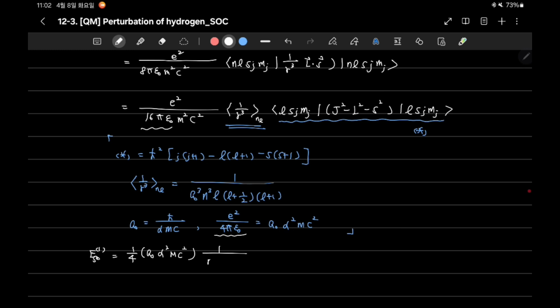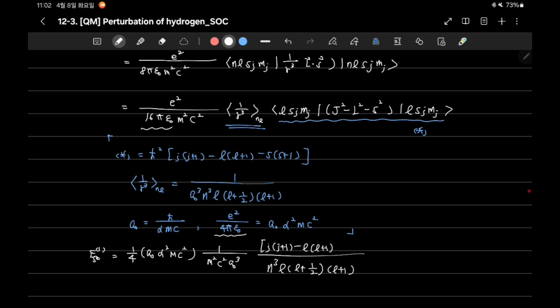So 1 over m square c square a0 cube, and the denominator makes that n cube l plus 1 half l plus 1, and here j plus 1 minus l plus 1.